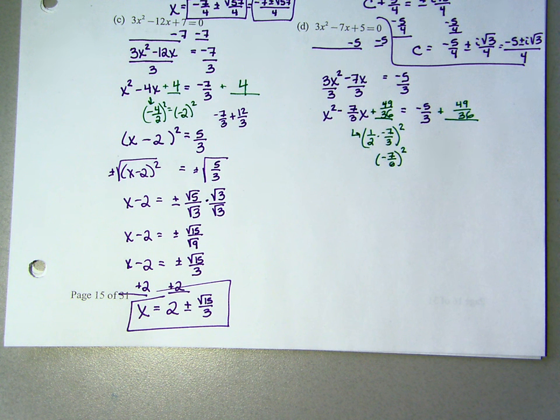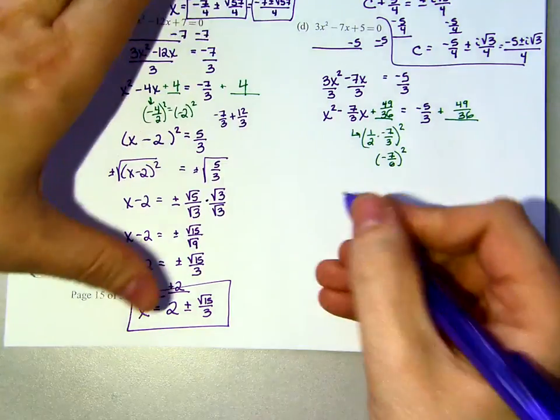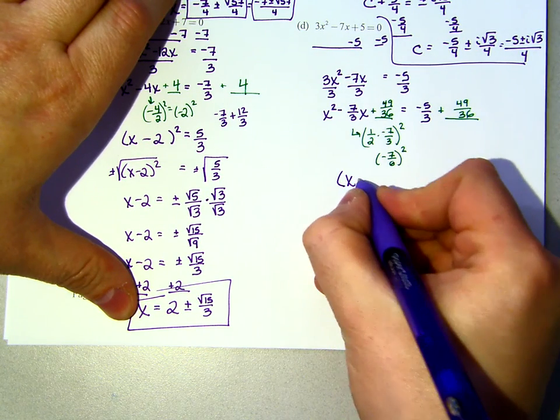Have you hopefully figured out you're adding 49/36 to both sides?